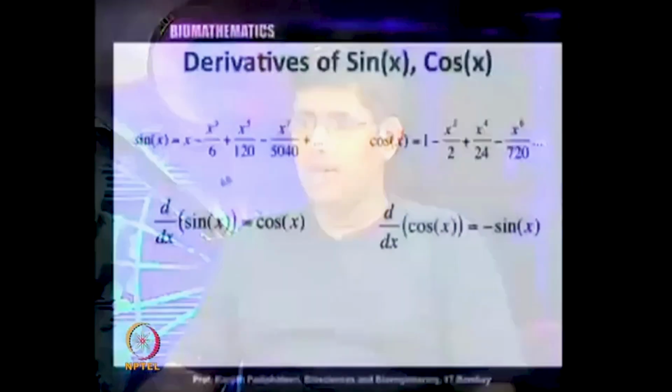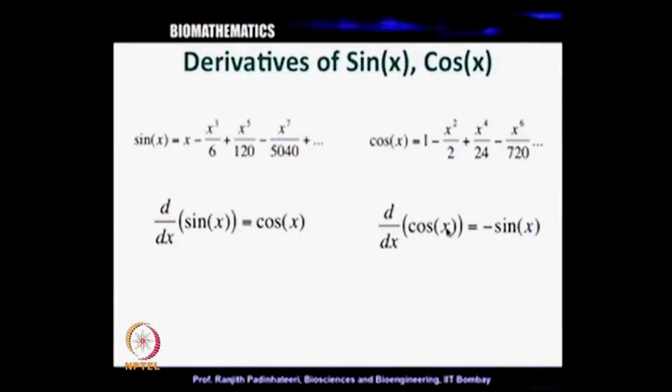If you use these formulas on sin x and calculate the derivative, you will get cos x. Just try doing this, and if you do that for cos x, you will get minus sin x. I will not do this here, but just like we did e power x last time, you could just continue doing this and you will get the answer.